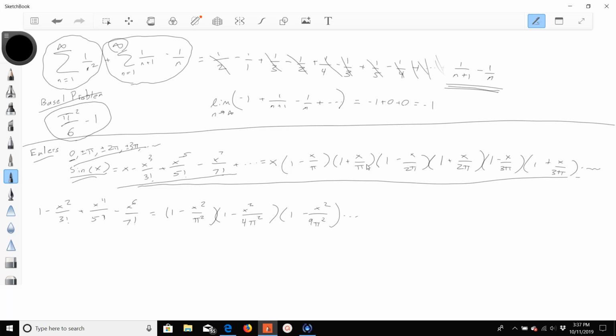I'm using the difference of squares here, see here, here, here, and so on and so forth.